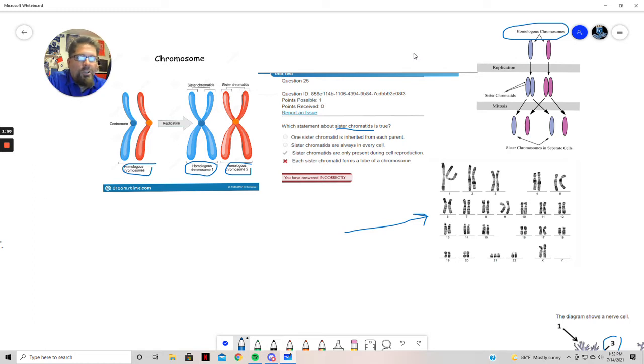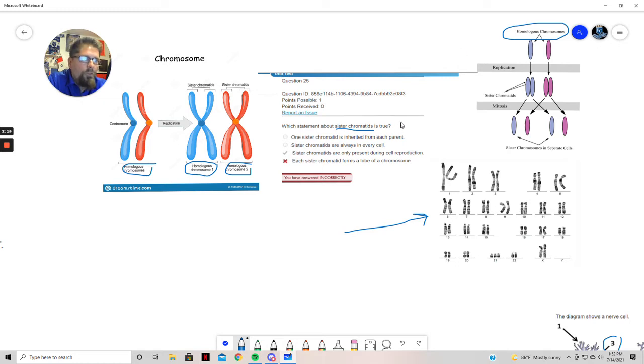And when I say traits, if we took hair color, for example, this chromosome, if it was for hair, might express the color, the texture, the width of the hair strands, just anything like that. And so together, the one from the mother and one from the father are the homologous chromosomes.